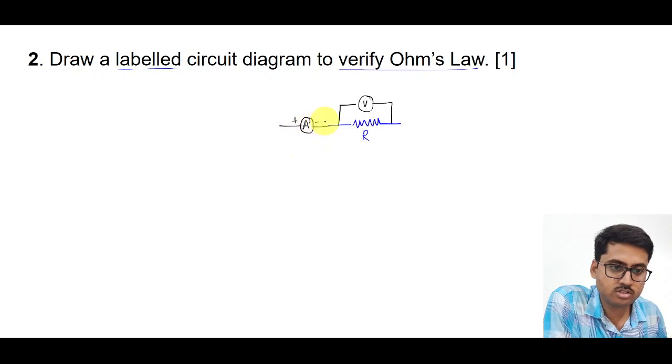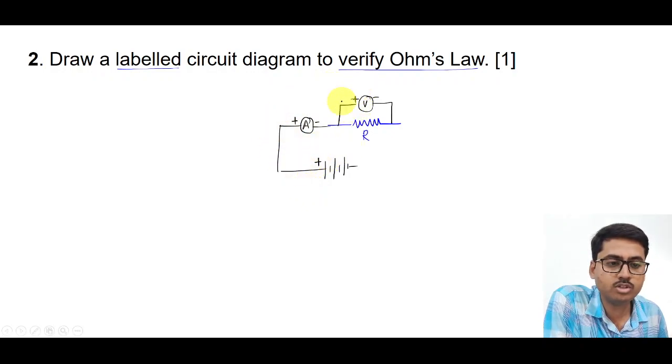So this is an ammeter and this is a voltmeter, and we need to supply a power source. You can take a battery eliminator or any other power source, and the positive of this will be here because I have taken the positive of the ammeter and voltmeter on the left. So we have to take care of the polarity.